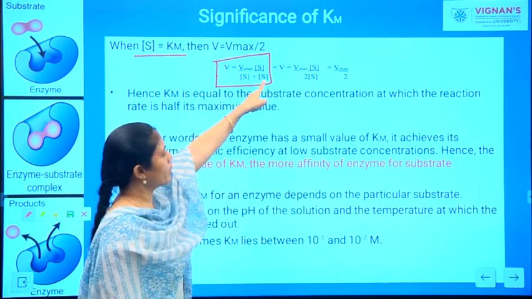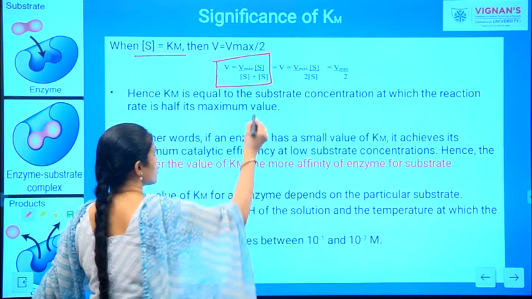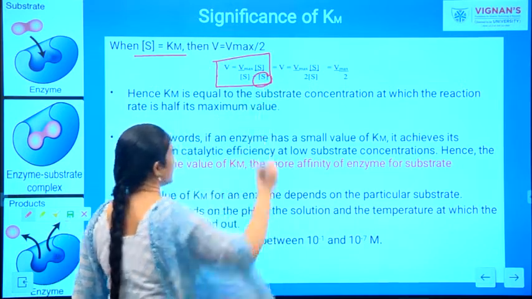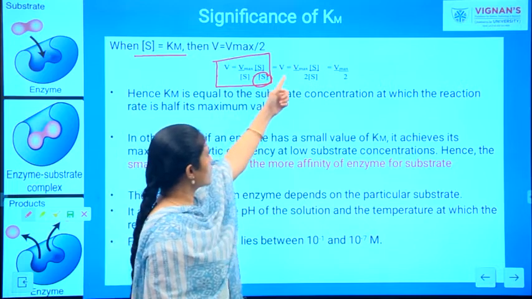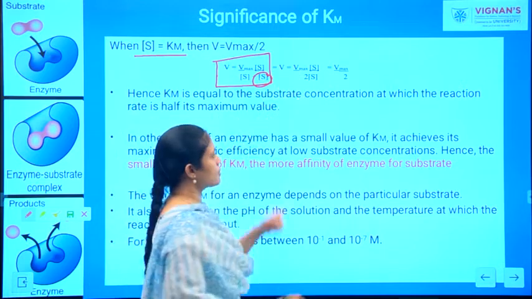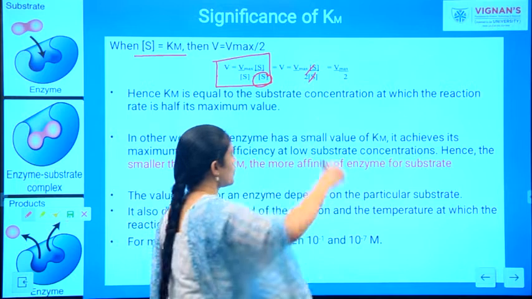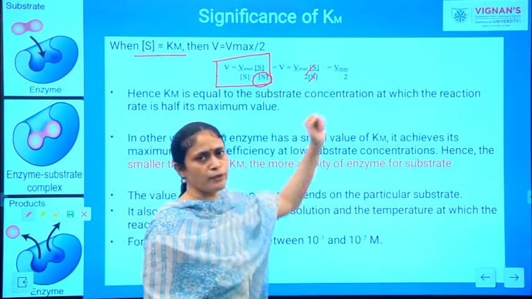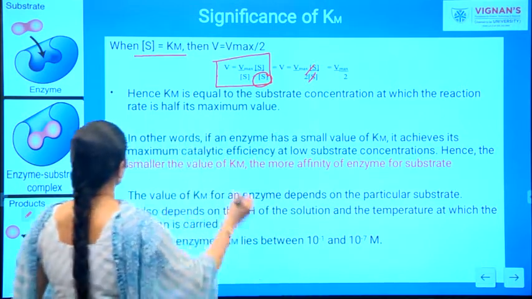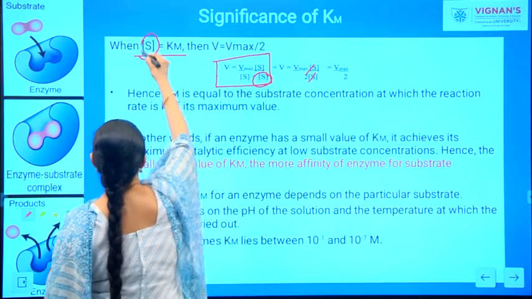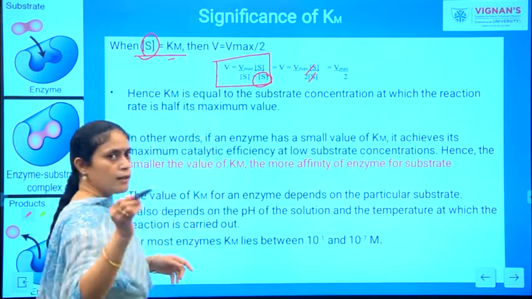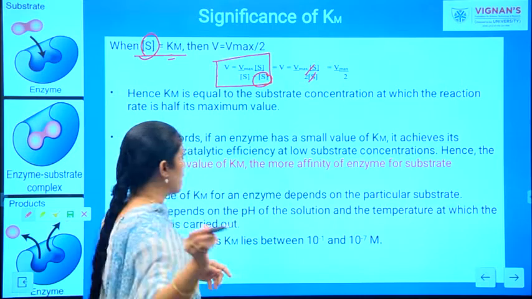As Km is equal to the substrate concentration, in place of Km we incorporate S. So V is equal to Vmax S by 2S. Upon simplifying, you will get V is equal to Vmax by 2.